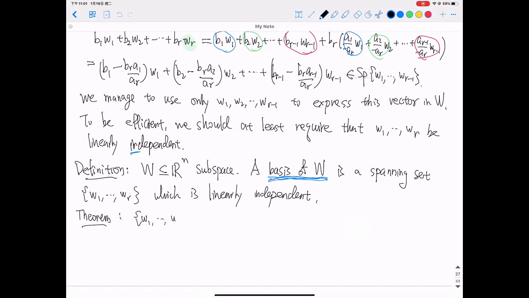Suppose you have a basis, that is, a spanning set that is also linearly independent.